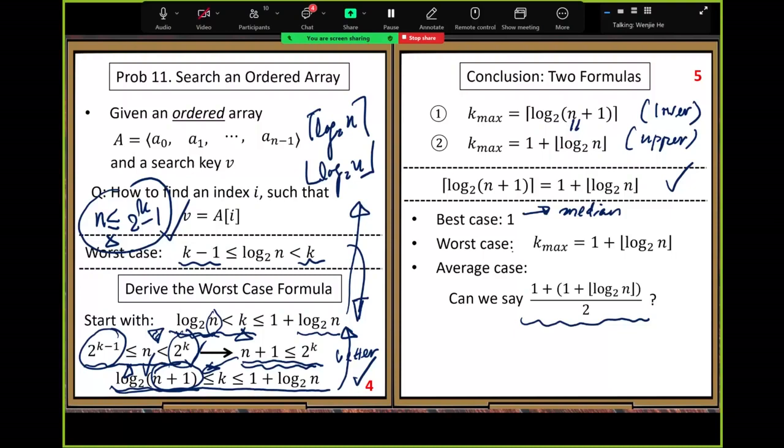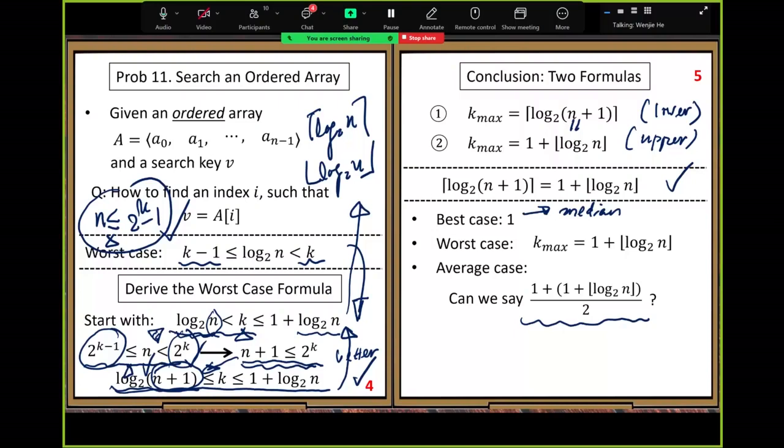For the worst case, you have many worst cases, right? Because when you do the comparisons all the way down to the bottom level, at the bottom level there are many cases you can have.